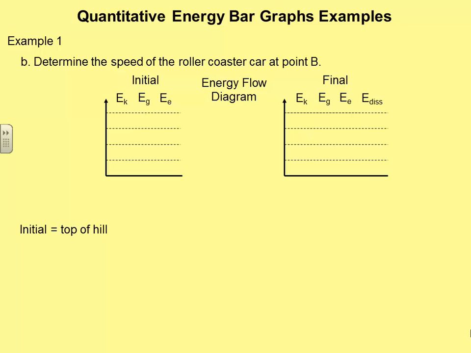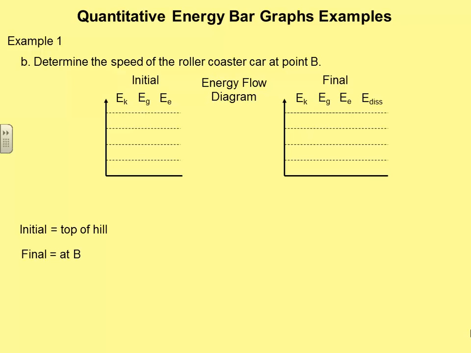Now, since we're using only conservative forces here, no friction, that's one of the wonderful things about using only conservative forces. They are path independent, and therefore we can really start anywhere we want, and as long as we know where we start and where we end, everything will work out the same. So our final will be at B.